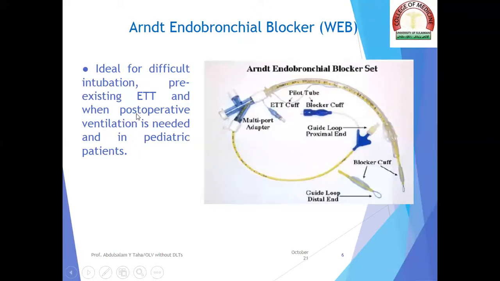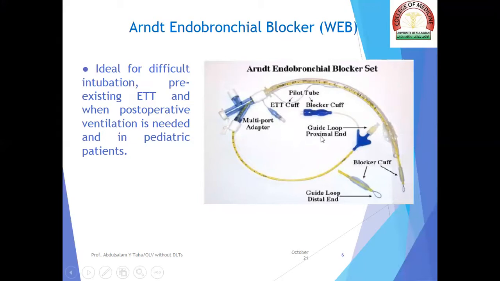So when post-operative ventilation is needed, all we need to do is remove the bronchial blocker and keep the conventional single lumen tube. Unlike using a double lumen tube, which requires removal of the double lumen tube and re-intubation with a single lumen tube, which might be difficult in edematous airway.